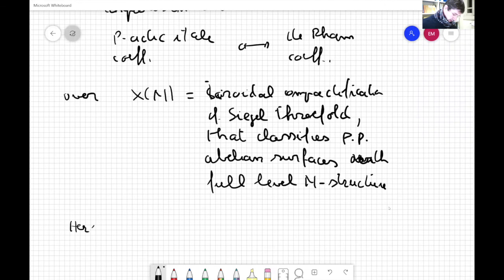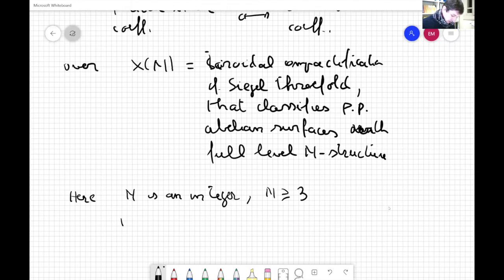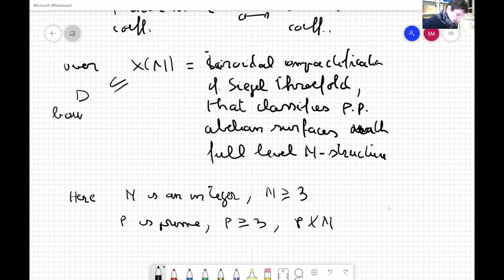And here, actually, N is an integer bigger or equal to 3, and p actually will appear later as a prime, also bigger or equal to 3, which does not divide N. And actually, at some point, we'll also have some divisor D, which is the boundary divisor of our toroidal compactification.